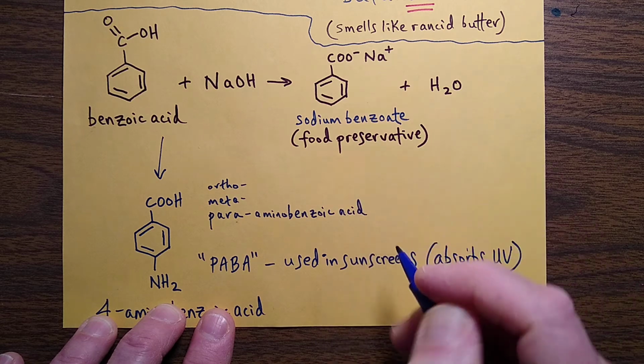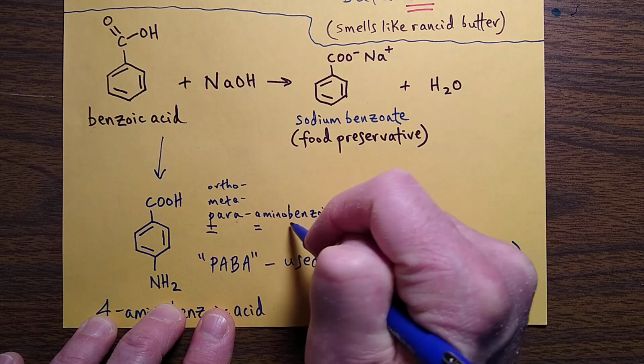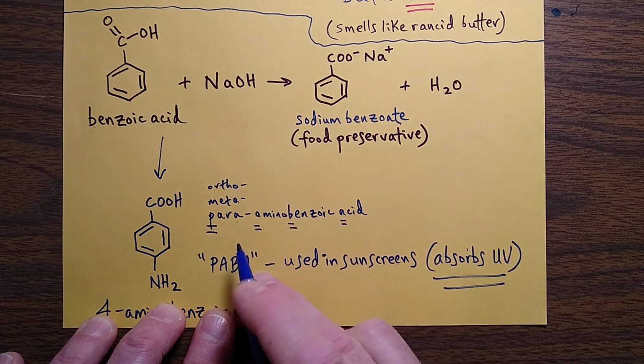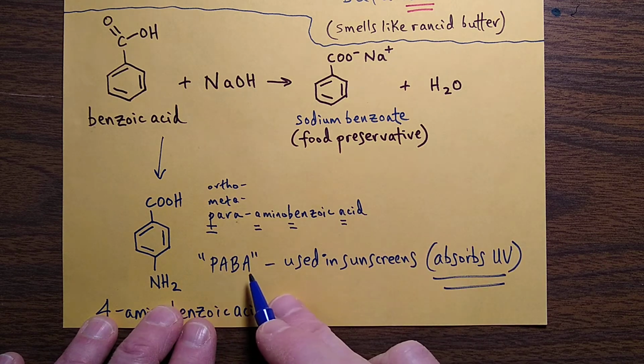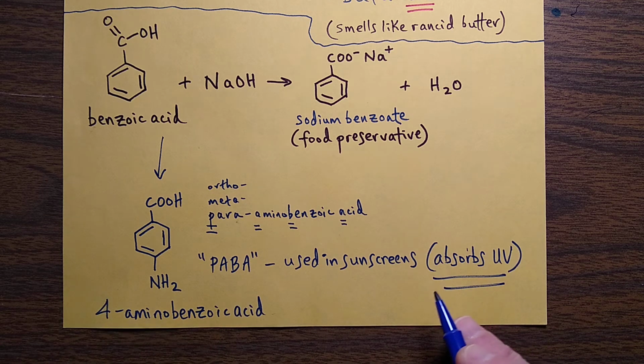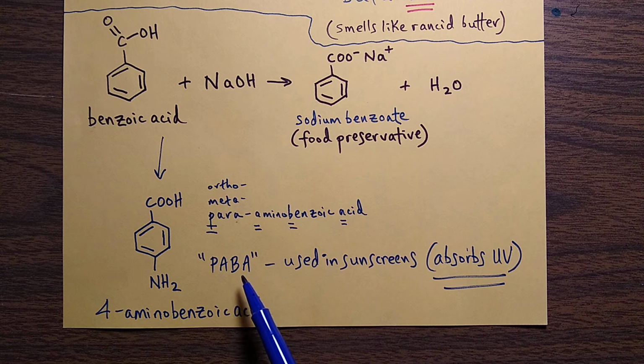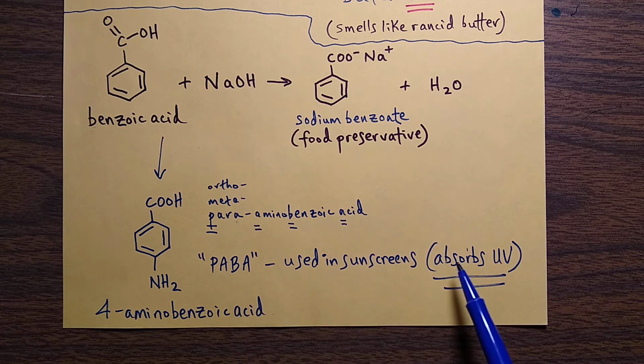And if you take the P of this, the A, the B, and the A, you get an acronym, PABA, P-A-B-A, and they used to capitalize it like this. This was used in sunscreens. It might still be used in sunscreens. They found that it can be sort of not toxic, but can cause allergies and skin allergies in people, so I think they've tried to limit its use in sunscreen.